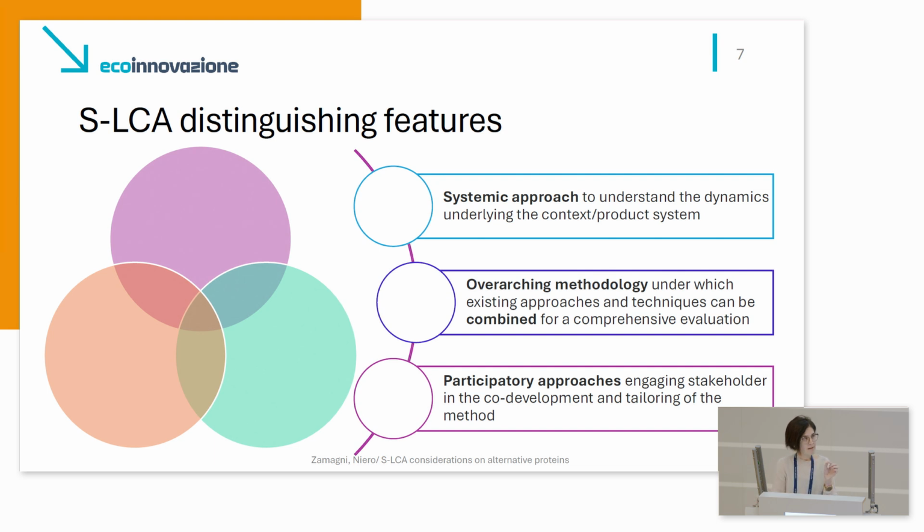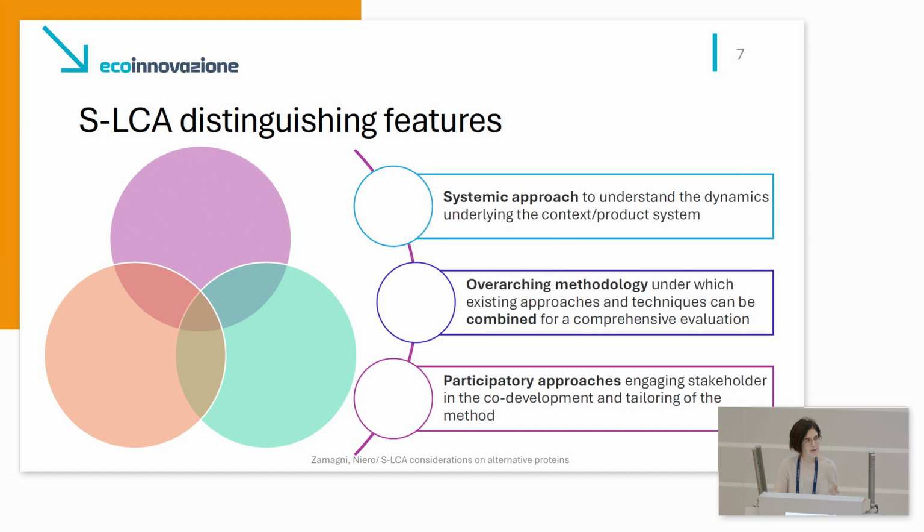So in a nutshell, I think it's important to consider these three aspects as the distinguishing features of social life cycle assessment. One is this systemic approach that has been stressed several times today. The systemic approach is given by the life cycle perspective, which means that we look at the product system in its entirety.